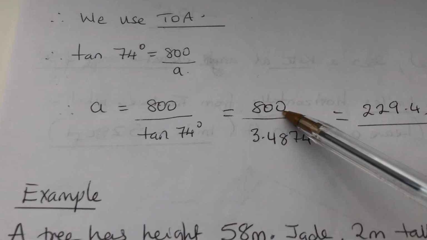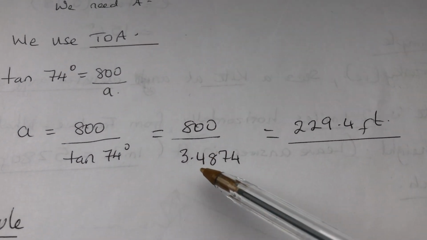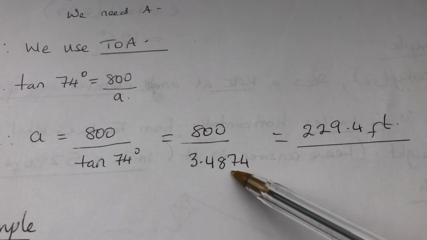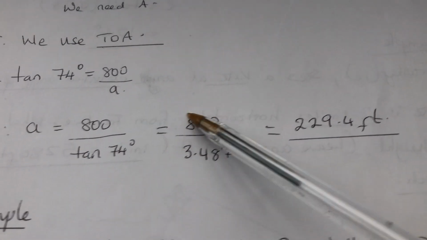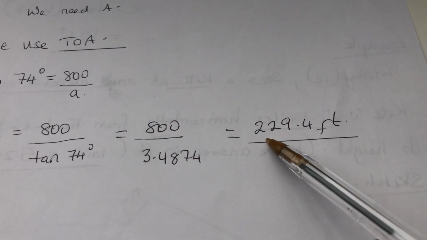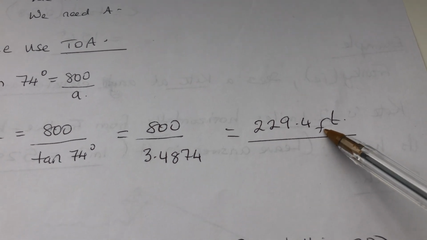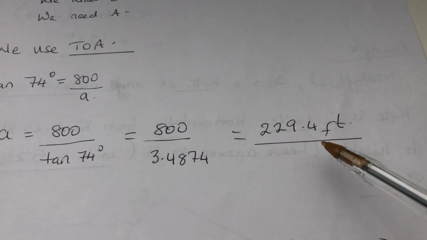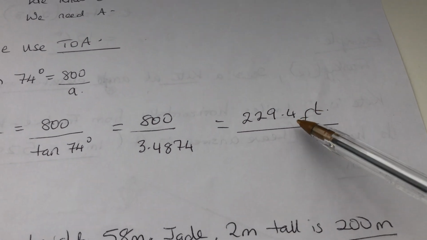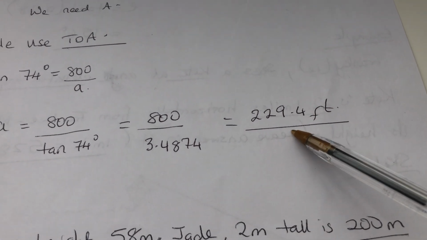So 800 divided by 3.4874 will be 229.4 feet. We're given our unit in feet, so we'll leave our answer in feet as well.